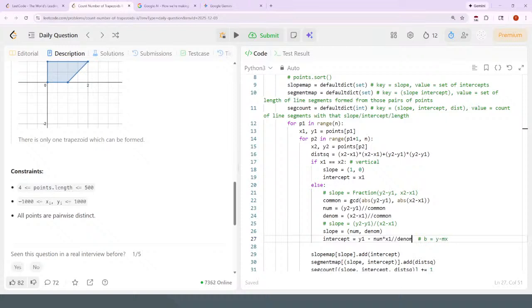Oh, shucks. So the slope itself should be correct.